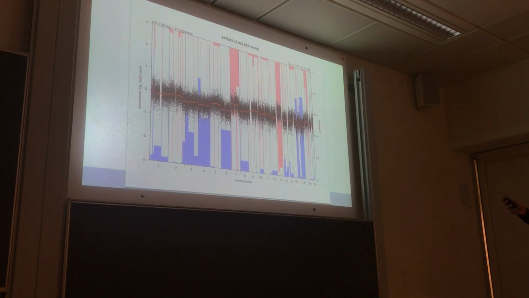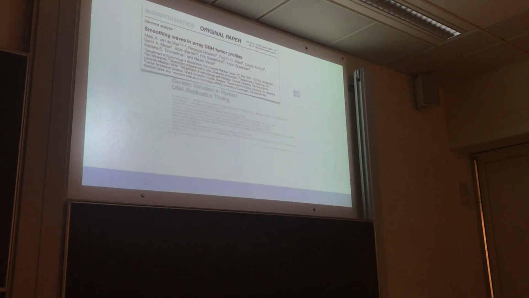So this is, really briefly, the wave step to get rid of the systematic bias. We sequenced a bunch of healthies and checked if we found some systematic bias in there, and based on that corrected tumor profiles.